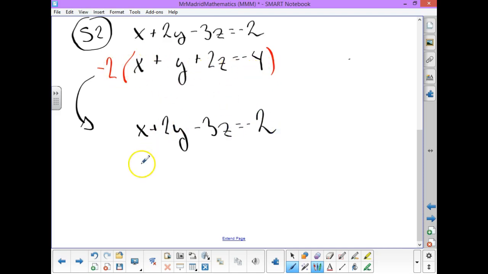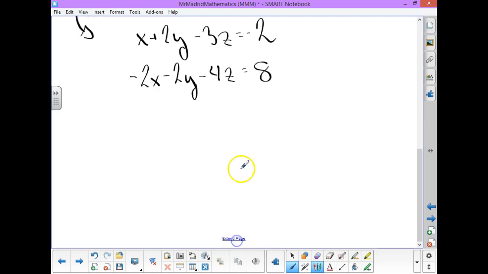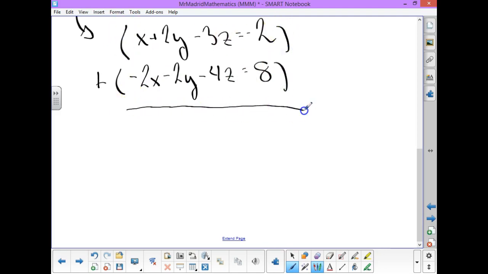This guy's not going to change, right? Negative 2x minus 2y minus 4z equals 8. Okay. Now I'm going to go ahead and add them. And I have negative x.